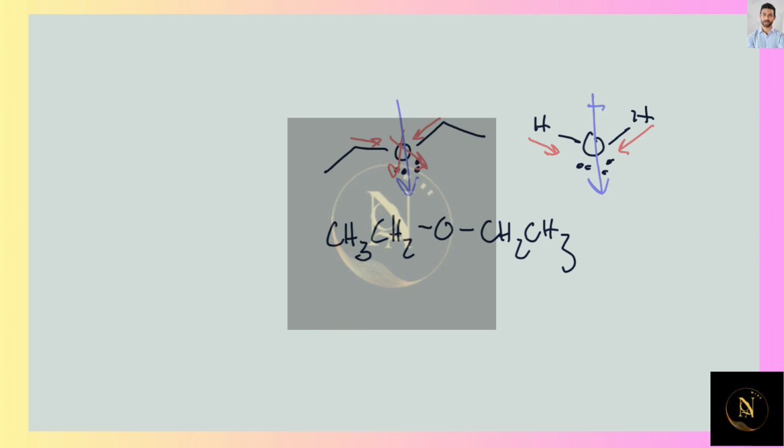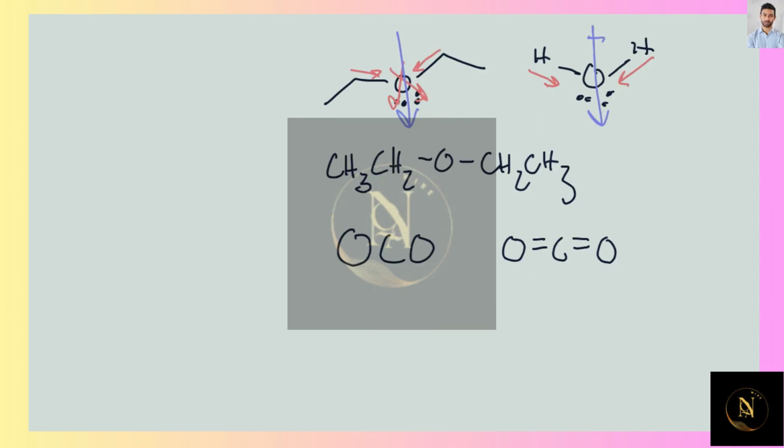Got this backwards. This would be O, C, O, right? That is O, doubly bound to C, doubly bound to O. This is CO2 with two lone pairs on each oxygen.